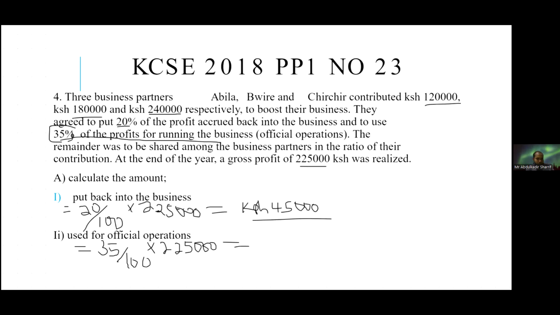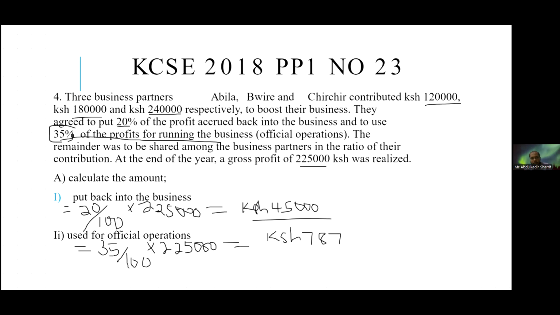So 35% of 225,000 is 78,750. Easy question.